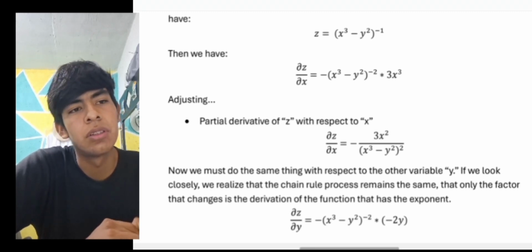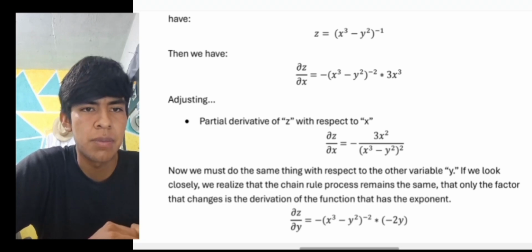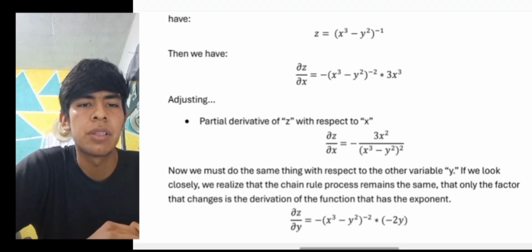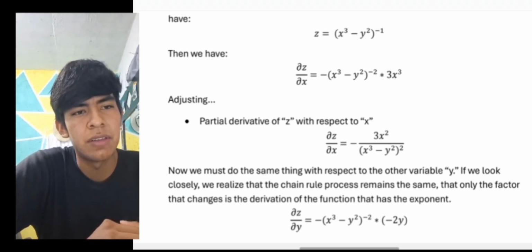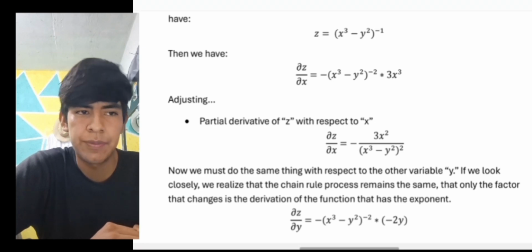If we look closely, we realize that the chain rule process remains the same, and only the derivative of the function inside the exponent changes. The partial derivative of z with respect to y is equal to minus (x cubed minus y squared) to the minus 2, multiplied by minus 2y.